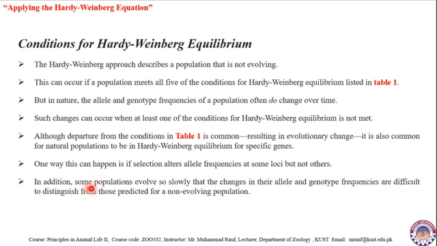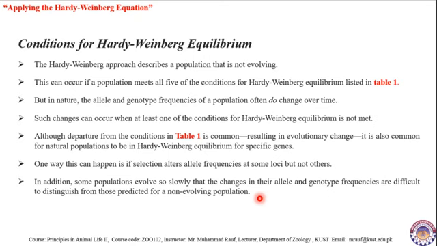In addition, some populations evolve so slowly that the changes in their allele and genotype frequencies are difficult to distinguish from those predicted for a non-evolving population. The process of evolution is a very slow and steady process.